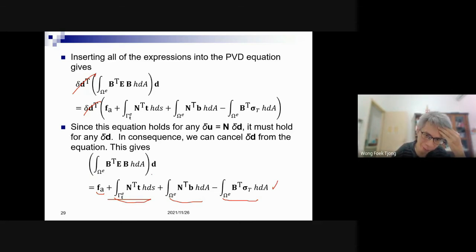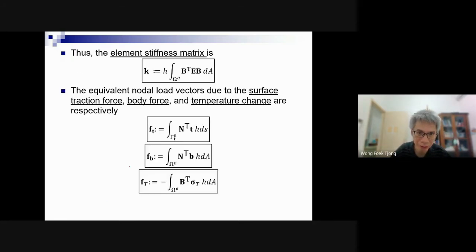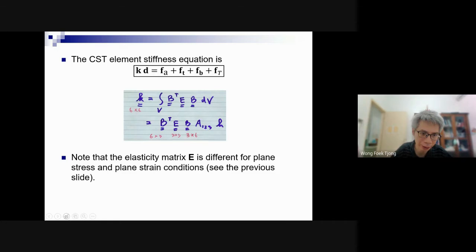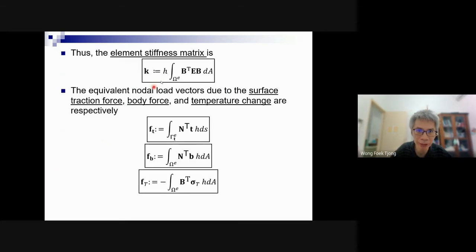But this is displacement. A matrix that converts displacement to force, of course, is the stiffness matrix. So we can see that the element stiffness matrix for CST is given by this one.